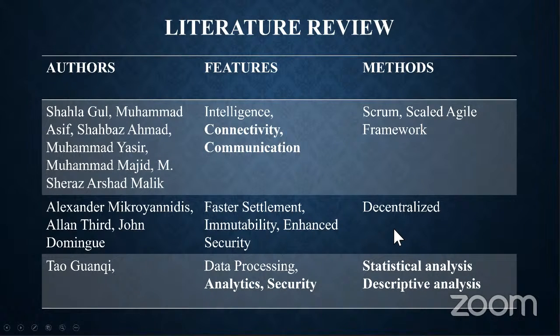The next one was methods used in blockchain technology, decentralized methods, and its features are faster settlement, immutability, and enhanced security. The next one was statistical analysis and descriptive analysis in big data, and data processing and analytic security are its features.